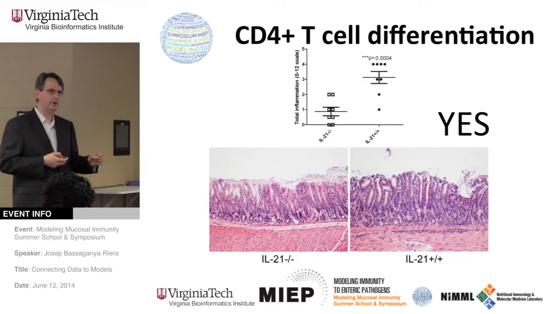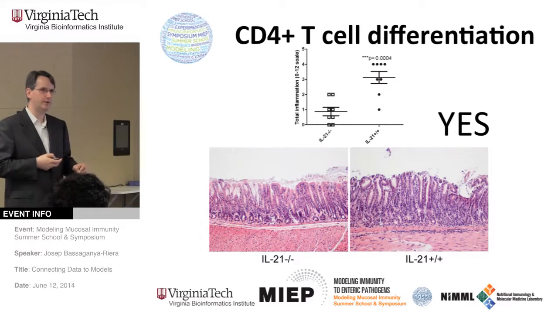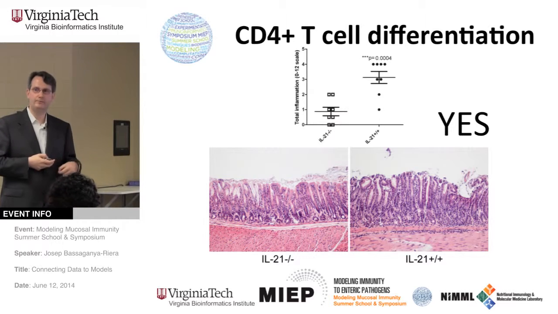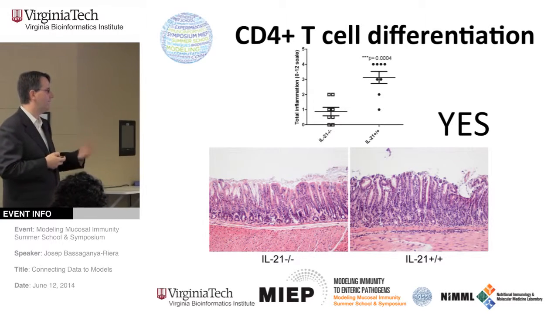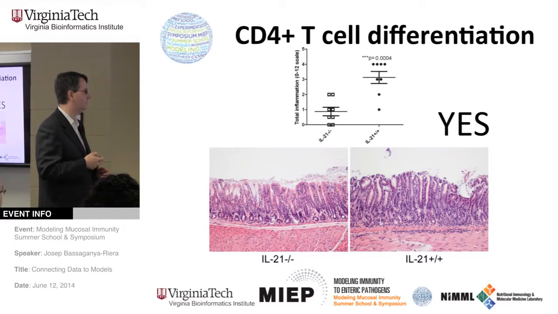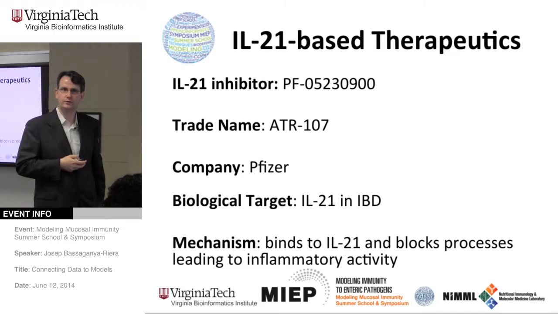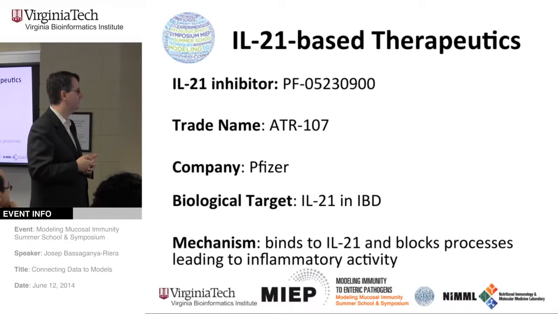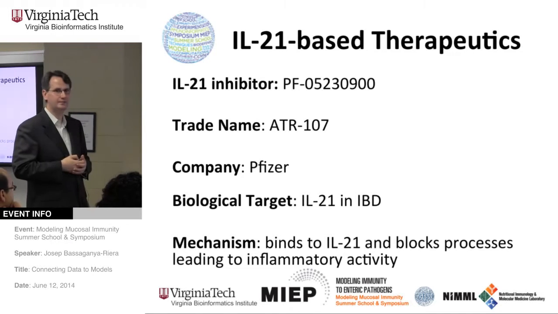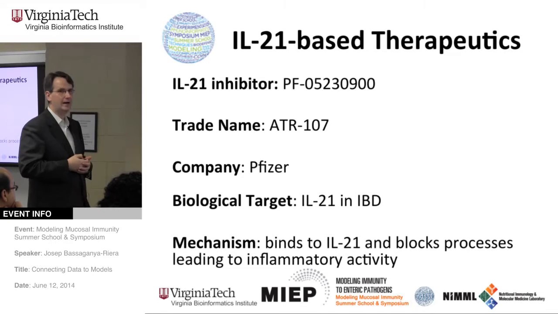IL-21 is expressed at very low concentrations in the gastric mucosa following H. pylori infection, but it seems like even those very small concentrations of IL-21 have a major impact in modulating Th17 and interferon gamma and in the infiltration of leukocyte subsets. So we are now looking at a molecule, and we don't have the definitive answer yet, but actually Pfizer is developing a small molecule compound for treating IBD.